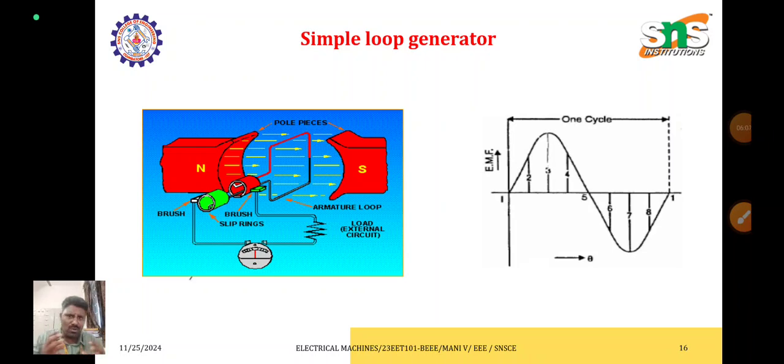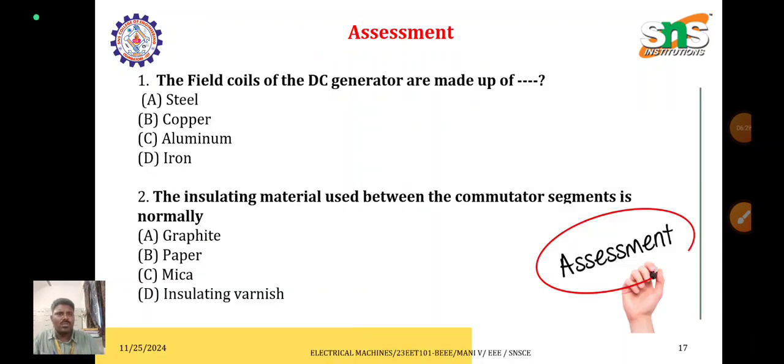There is a tendency to create a force to move the armature. During this movement it cuts the fluxes and EMF is induced. The AC current is converted into DC with the help of the commutator, and that will be taken to the load through the brushes.